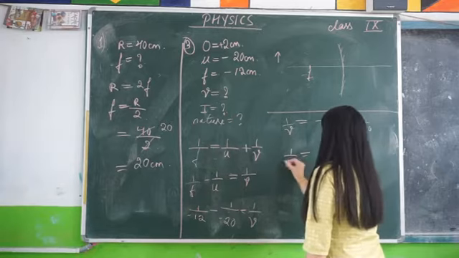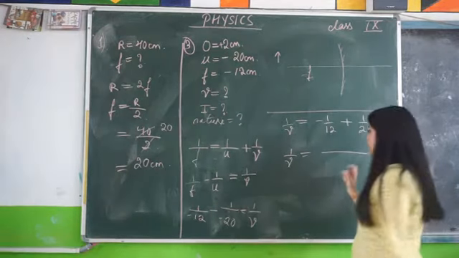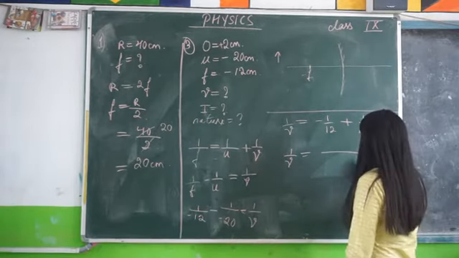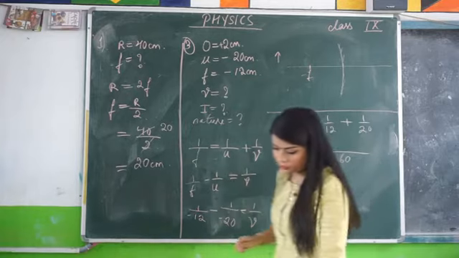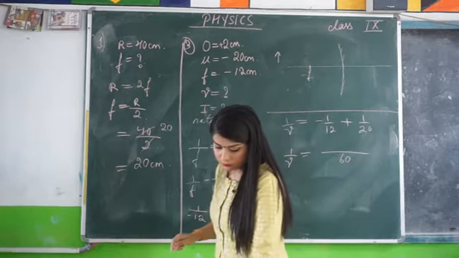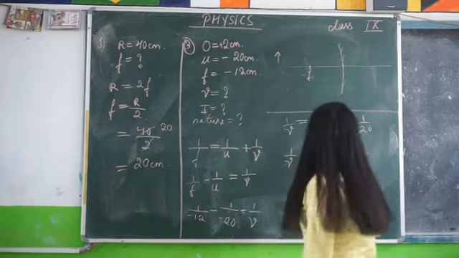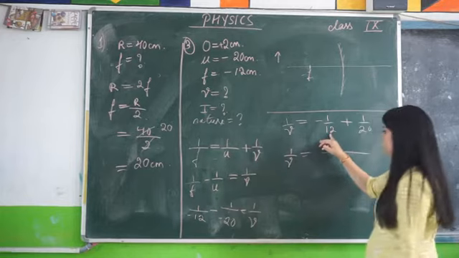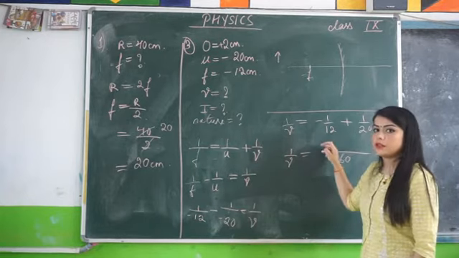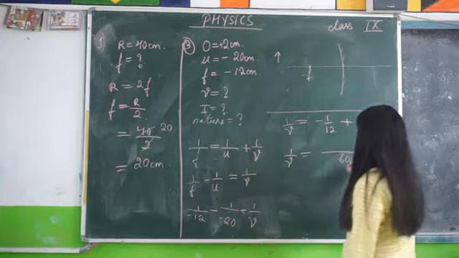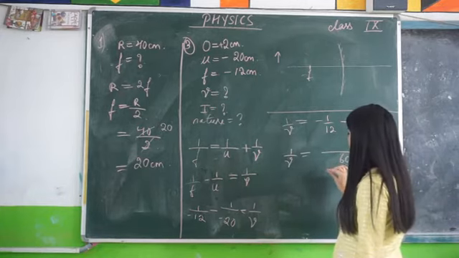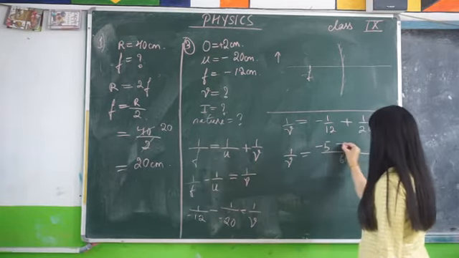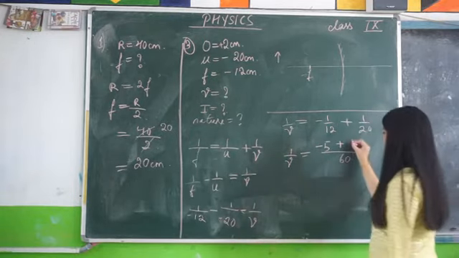Now, LCM of 12 and 20 is 60. In the numerator, 12 into 5 is 60, so it is 1 into 5, and 20 into 3 is 60, so it is 1 into 3.